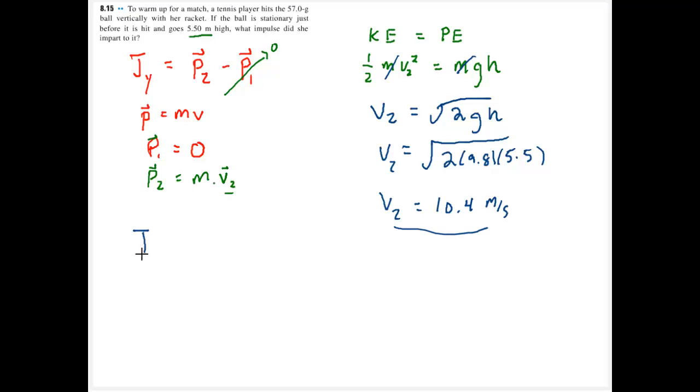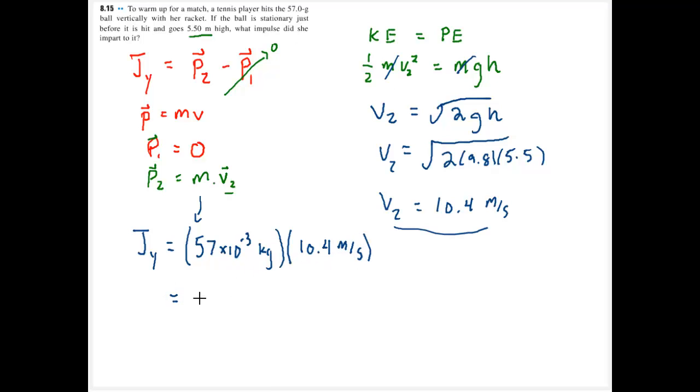So now I simply say that my impulse is going to be the mass of the ball, which I know. I do need to put that into kilograms, so that's going to be 57 times 10 to the minus 3 kilograms multiplied by 10.4 meters per second.